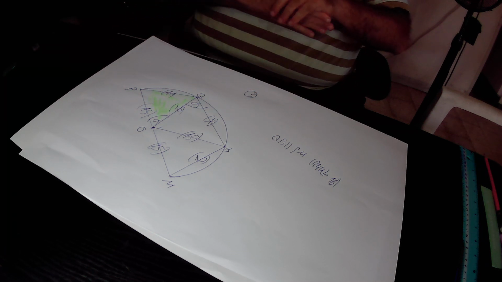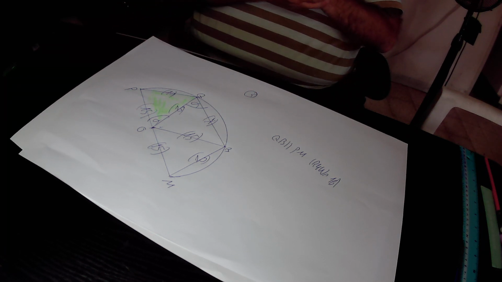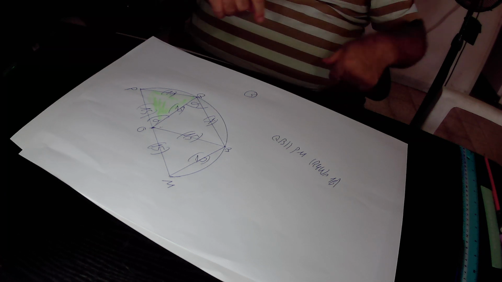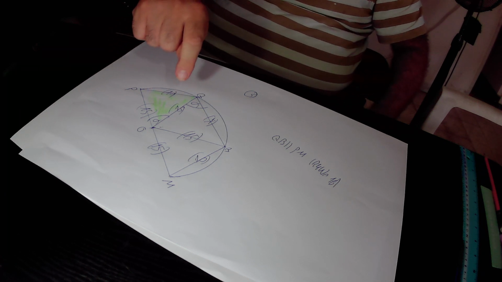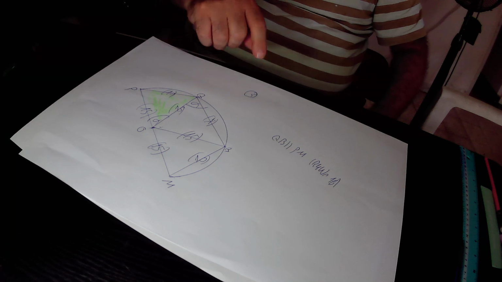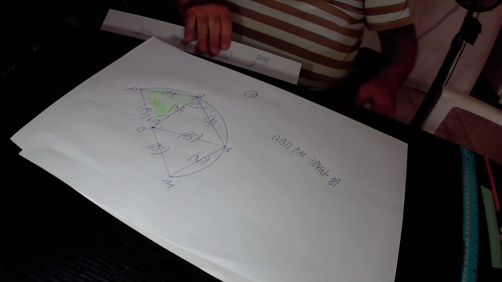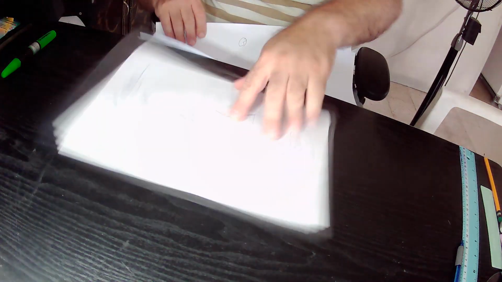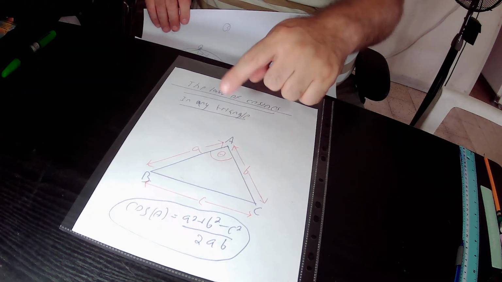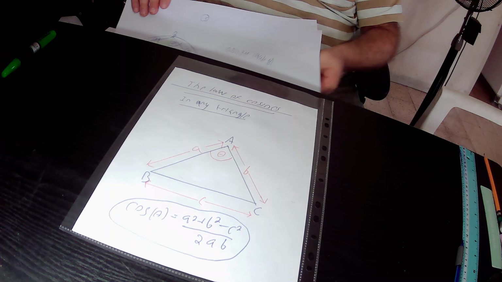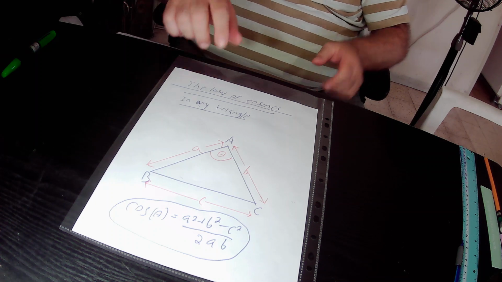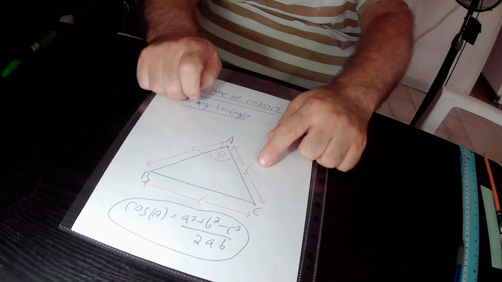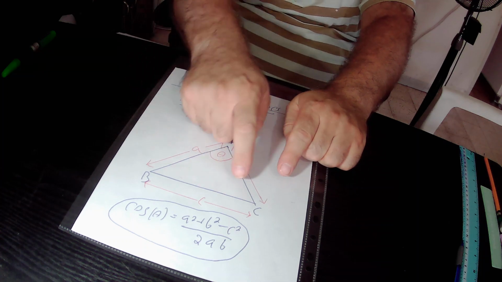In the next step I presented to you the law of cosines, and we implemented it in this right triangle POQ and in this right triangle OQB. So what is the law of cosines? Actually the law of cosines is true in any triangle. This is triangle ABC, that could be any triangle. Side AB equals A units, side AC equals B units, and side BC equals C units.